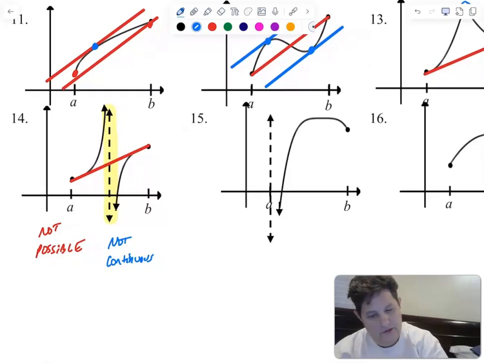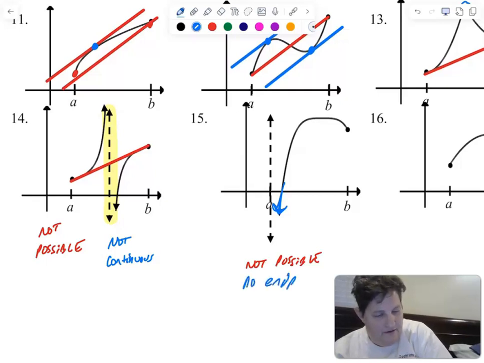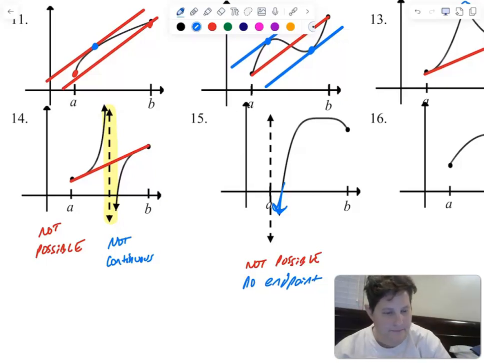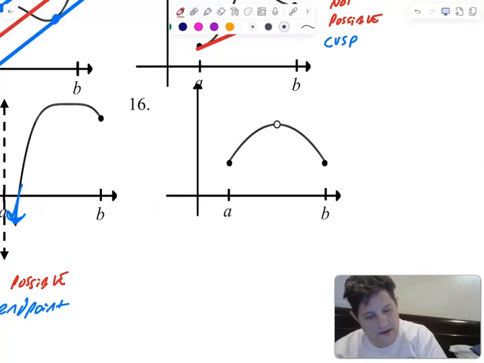All right, this one, I can't even draw a secant line. Not possible. The reason is that this keeps on going forever. The way I think of it is that there's no end point for me to draw a secant line on. And then here's my last one. Here's my line.